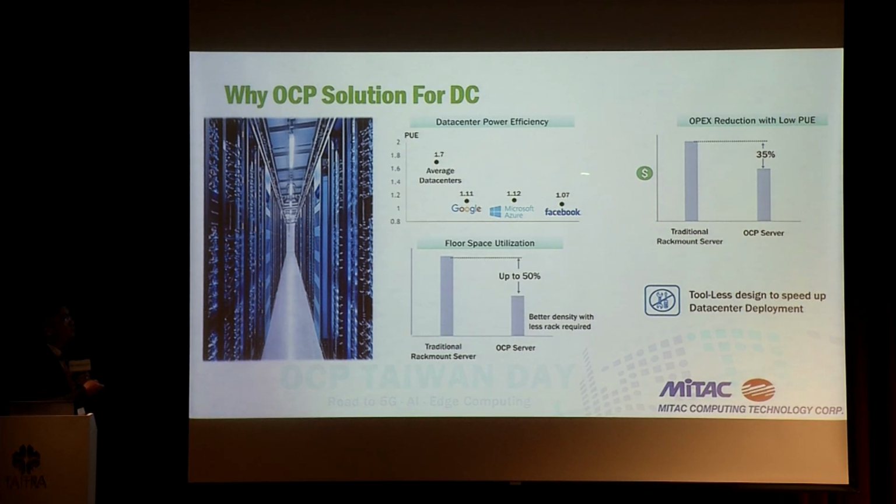With the OCP solution and the PUE we see from the Facebook data center, leaders could see a reduction of around 35%. And the OCP solution with the new form factor could also give around 50% enhancement in floor space utilization. And like I just said, the tool-less design could speed up data center deployment. Someone said that on average it is 4 times faster.